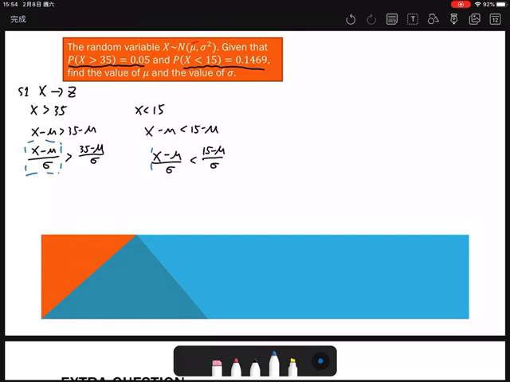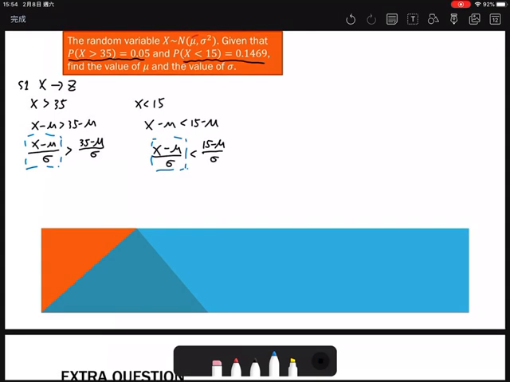This is z, and it is the standard normal distribution. And then we can get z is greater than 35 minus mu over sigma, and here z is smaller than 15 minus mu over sigma.